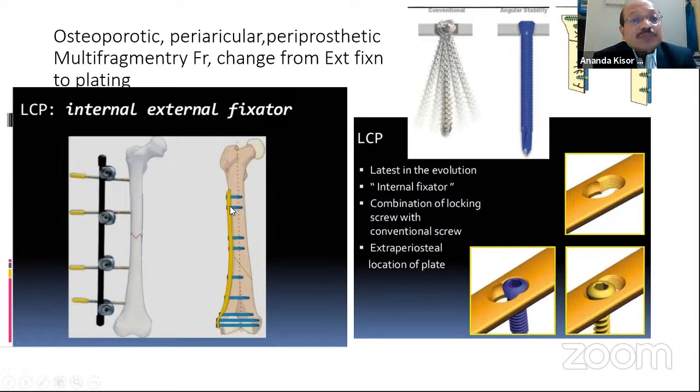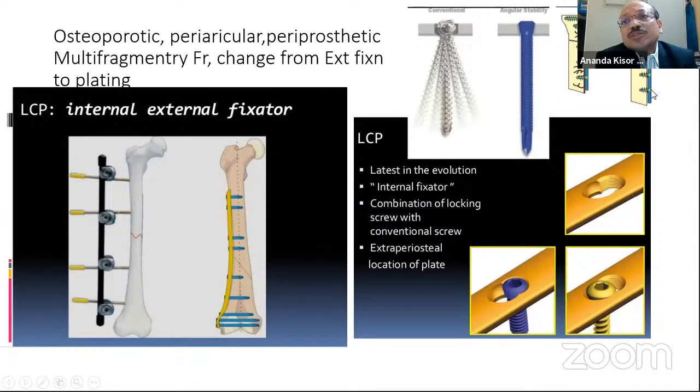So if we place this combi hole LCP, the first screw used should always be a non-locking screw, for interfragmentary compression. After that, the locking screws should be used to make it permanent.